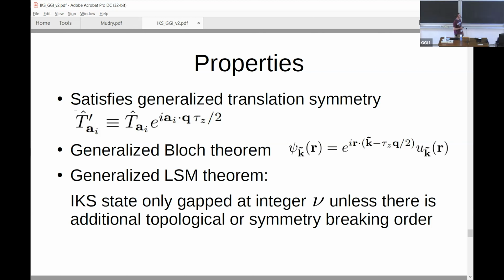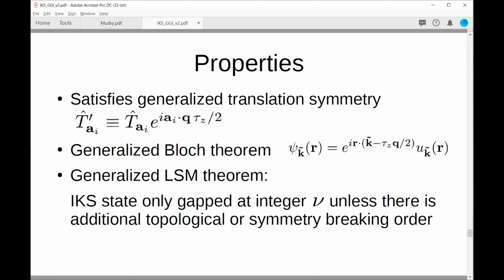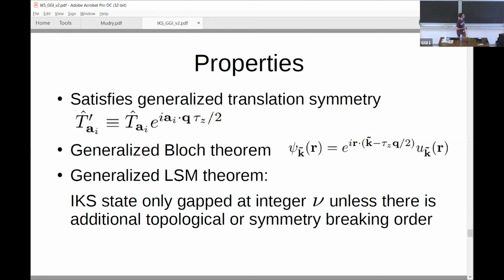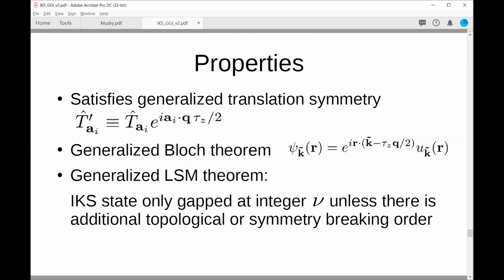You want to make a defect in the order parameter of the IKS state. Yes. Then can it accumulate some sort of charge? Okay, so you're thinking about, for example, with the KIVC state, you end up with these skyrmions. Yes, yeah.